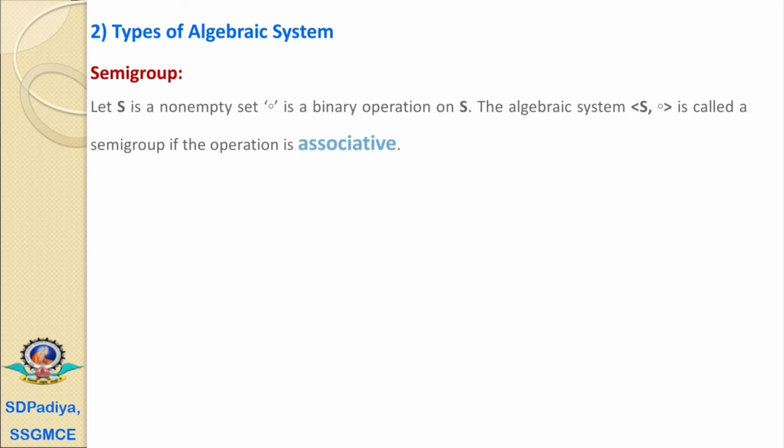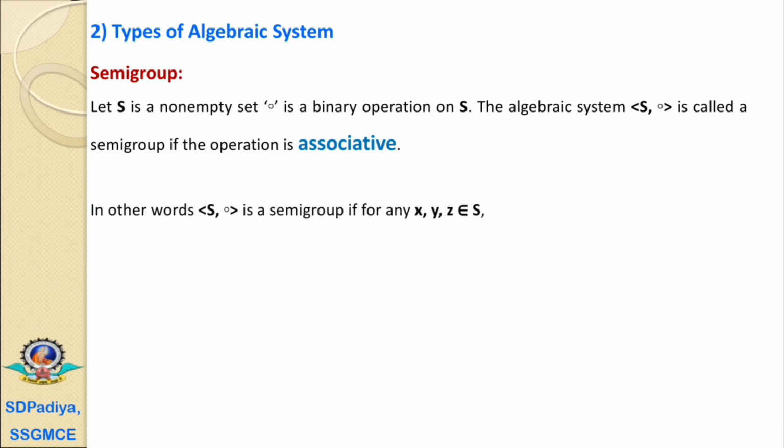Now we'll see the types of algebraic system. The first type is the semi-group. Let capital S be a non-empty set, then composition is a binary operation on this set capital S. Then the algebraic system S with this composition operation is called a semi-group if the operation is associative. It is very simple.